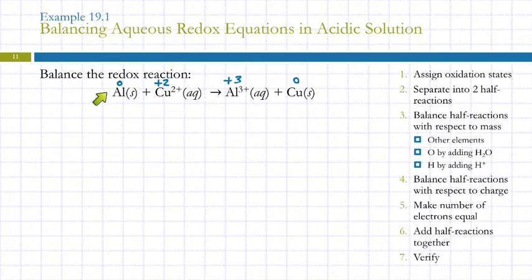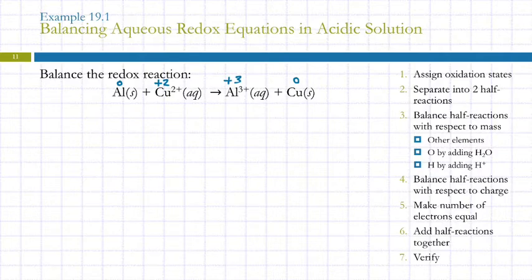So aluminum is going from 0 to +3. Its oxidation state's going up. Copper's going from +2 to 0. Its oxidation state is going down. It is being reduced. So the copper's being reduced and the aluminum's being oxidized.